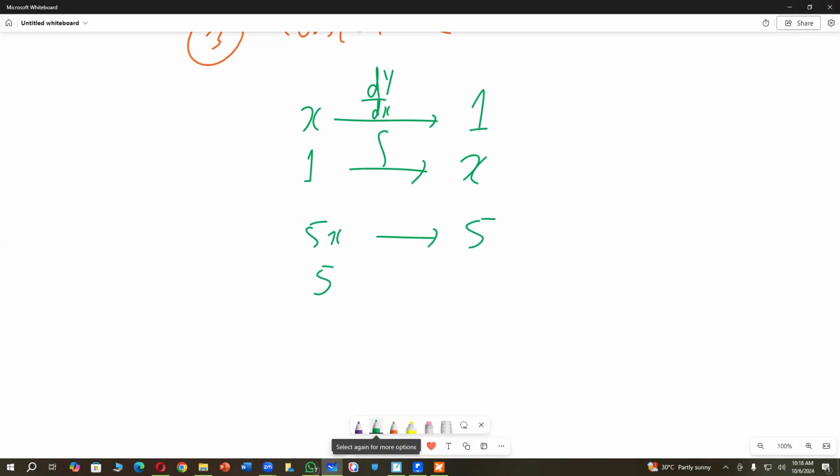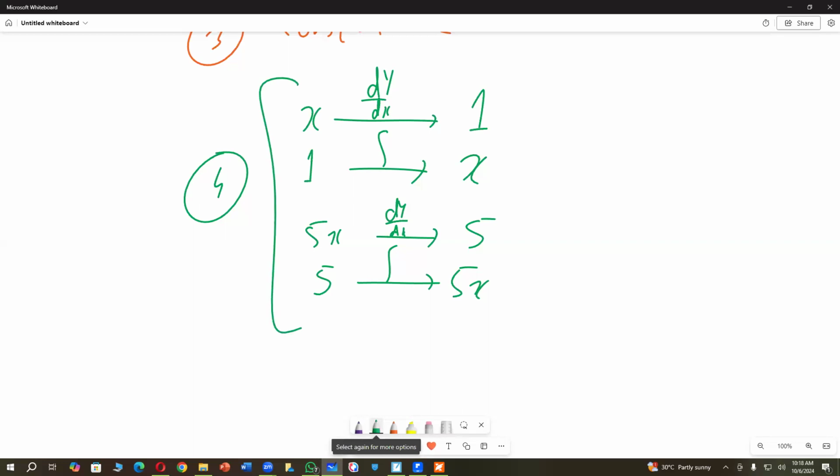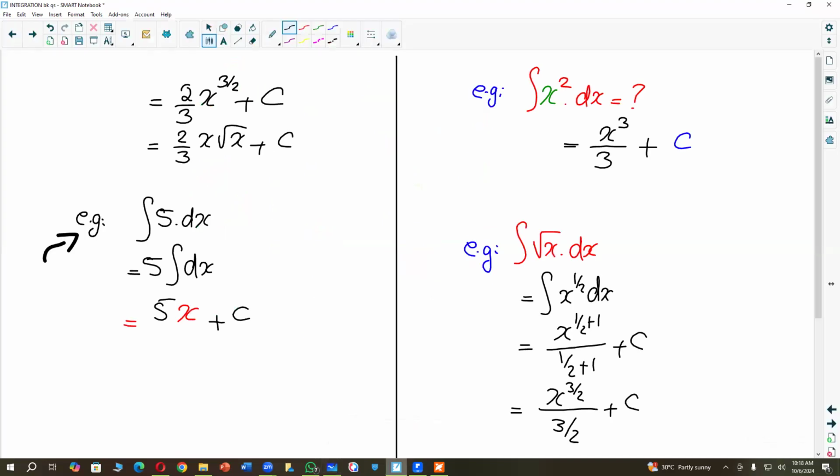And if I integrate it back, it will turn to 5x. So this is my fourth concept in this topic, that integration can get a variable back if it's only a number, like a variable with power 1, x becomes 1. So 1 will become x. This is the fourth concept. So now there are a total of four concepts which are starting this chapter. Now you have to take a picture of this.